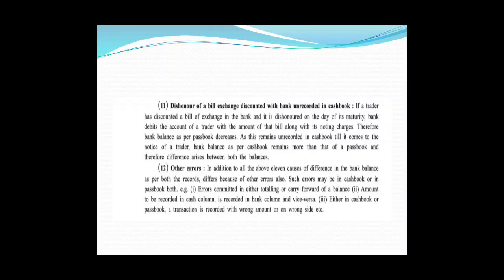We will not be doing any entry for the dishonor of the bill. So if we compare balances, the balance as per Cashbook will be more than the balance as per Passbook, because some amount for dishonor of the bill is debited by the bank, but it is not recorded by us in our books.